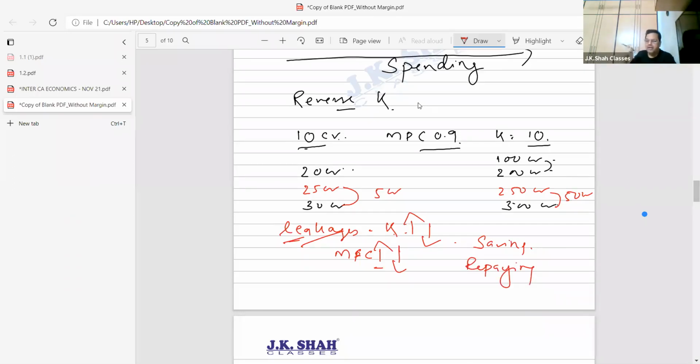Imagine I've taken a loan from a Marwadi and now I'm giving it back to him. Money has gone from me, but when that Marwadi gets that money, he is not spending it. Can I say he is hoarding money? If you're hoarding money, then also MPC does not rise.